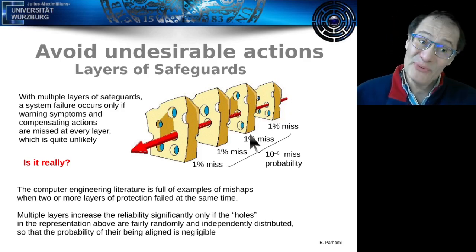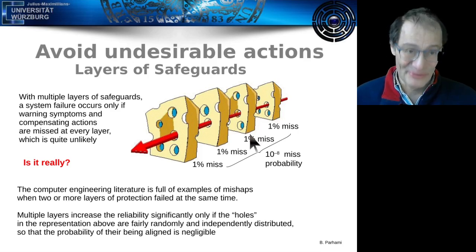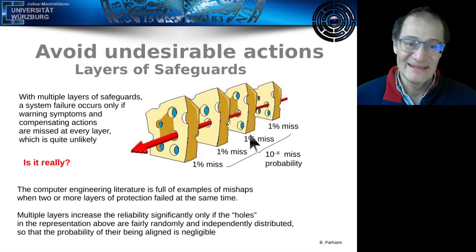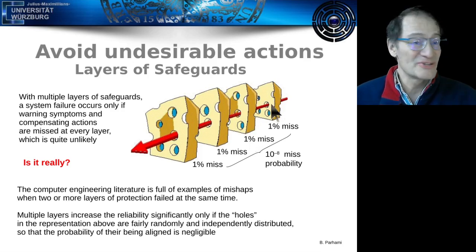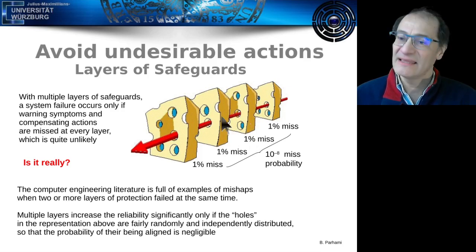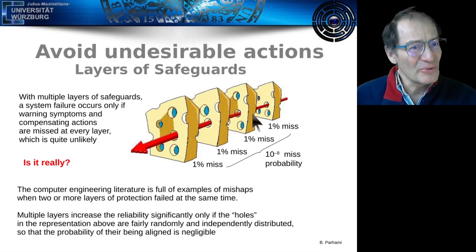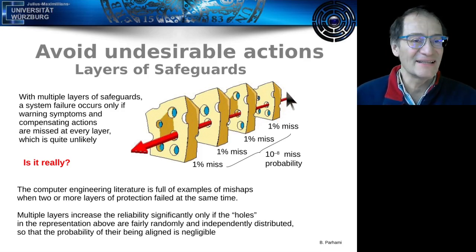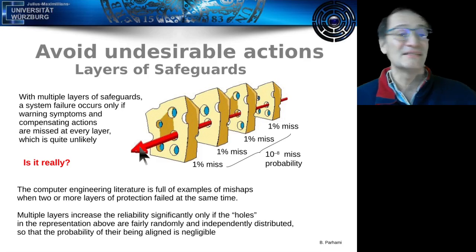But if you have a common root failure or bad luck, then maybe some failures which are not recognized by this layer will not be recognized by the next. And then you can add several layers of protection, but there will always be some cases where exactly the same situation is not recognized by all layers. The probability is very low.